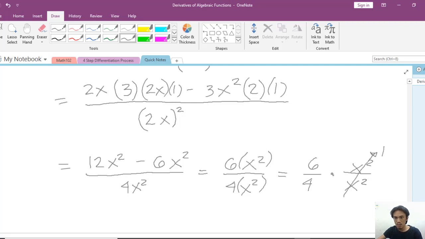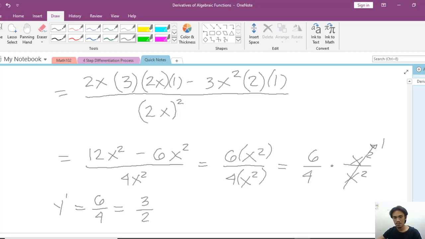So 6 divided by 4 times 1, your derivative of y with respect to x, or y prime, is simply equal to 6 divided by 4. This can further be simplified into 3 over 2. That is your y prime.